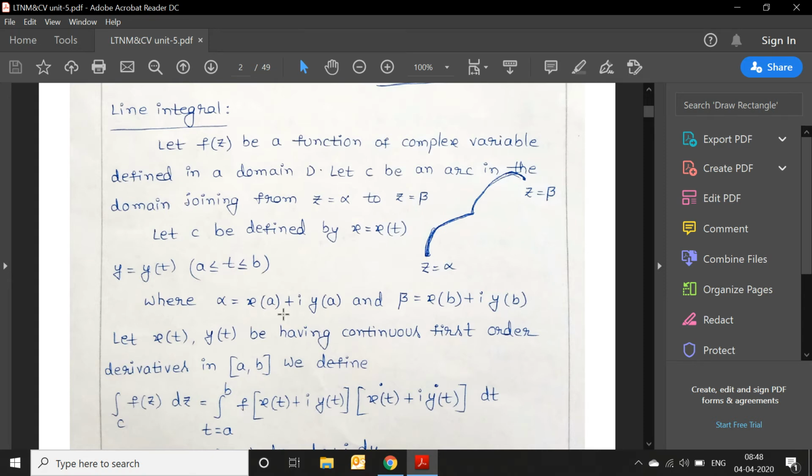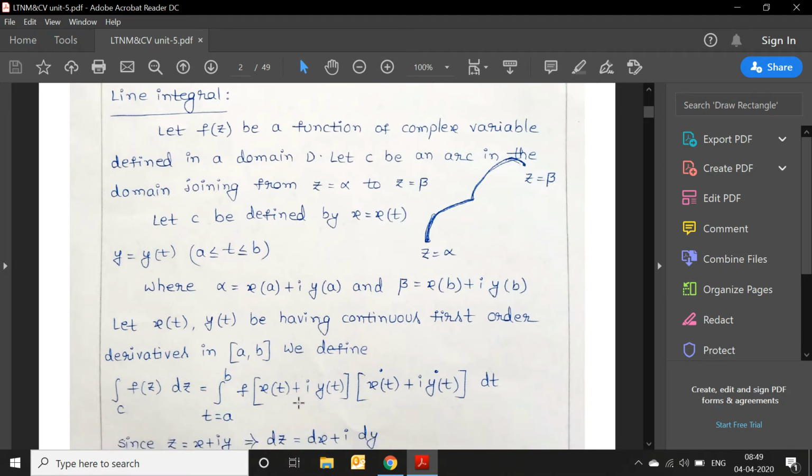Here x and y depend on t, and t is between a and b, so we can take t as an independent variable, so integral t = a to b f(x(t) + i y(t)) (x'(t) + i y'(t)) dt. How to get this one?